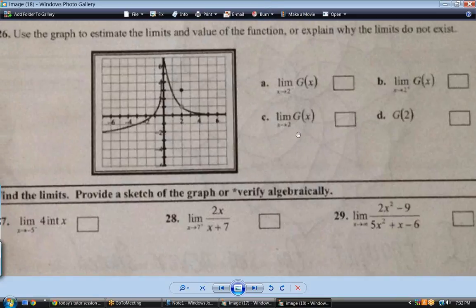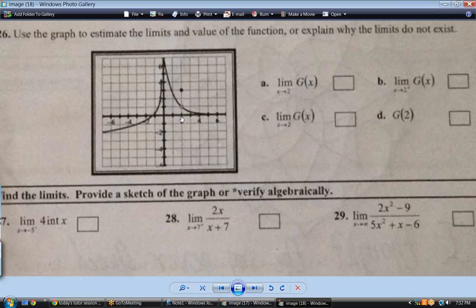Use the graph to estimate the limits. What is the limit? g of x is the vertical axis. We can see that we have a strange looking piecewise non-continuous function.